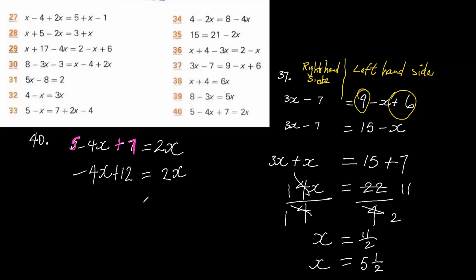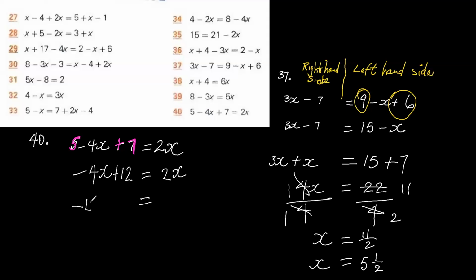How do I finish it up? It will be 4x plus 2x.